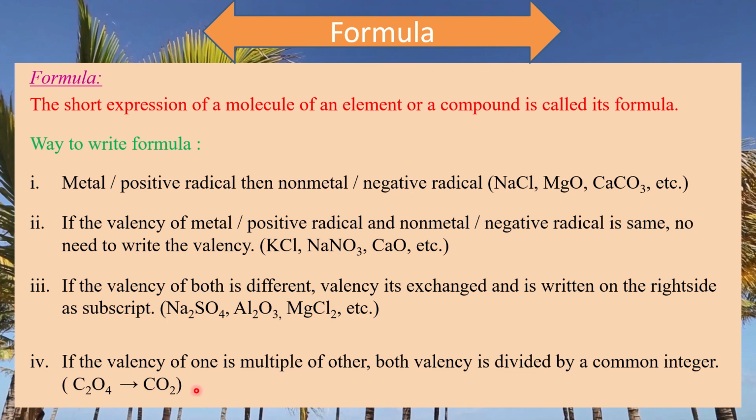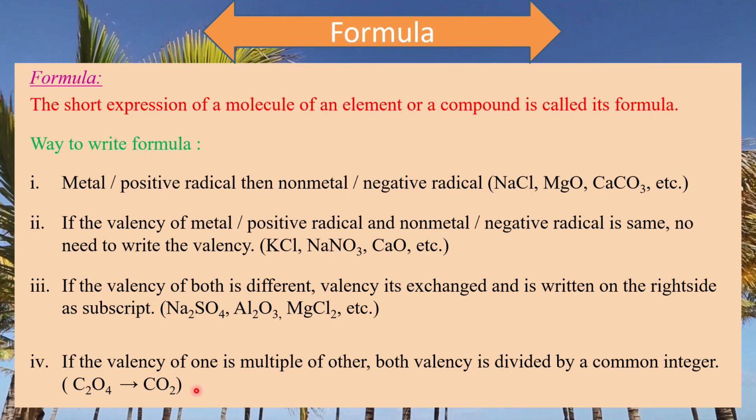Dear students, I told that carbon, nitrogen and sulfur have variable valency. So the lowest valency is used to write the formula, but it is not so for carbon because carbon makes many compounds and for these compounds the valency of carbon is used in different ways.